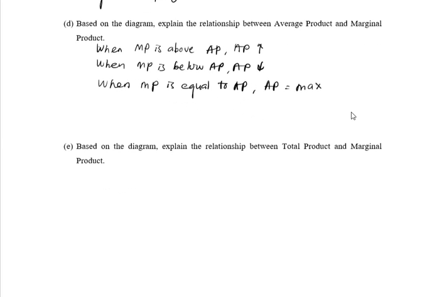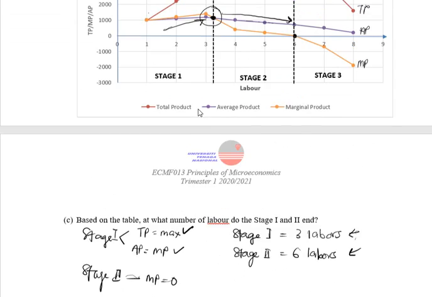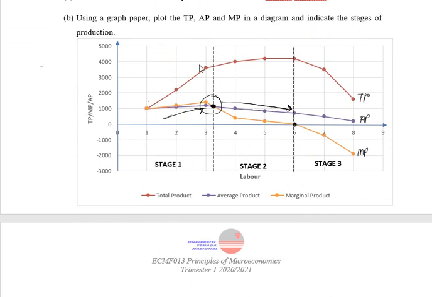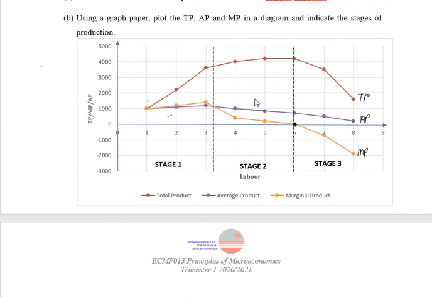Okay, based on the diagram, question E. Explain the relationship between total product and marginal product. So now you have to look at the total product curve and the marginal product curve. The red curve, you compare it with the orange curve. At stage 1, you notice that the total product curve is increasing rapidly, meaning the curve is quite steep.